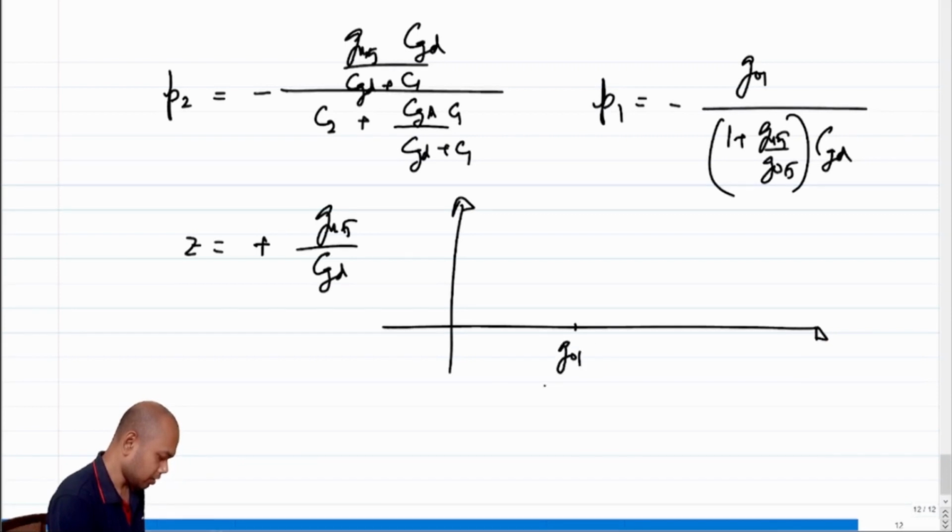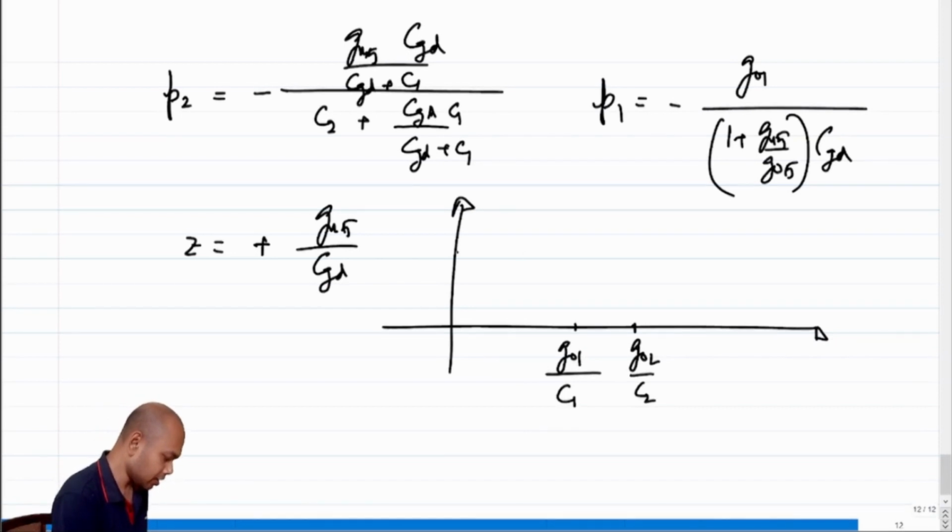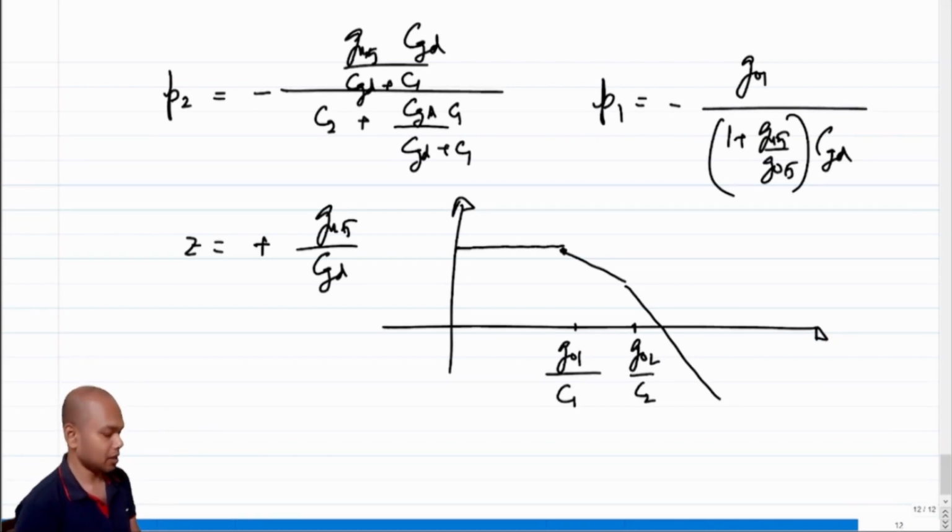P1 was at G01 by C1, and P2 was at G02 by C2. Approximately, if they are of similar order, they are close by, right? So these are in the absence of CGD. So if we didn't consider CGD, the transfer function would have been something like this.